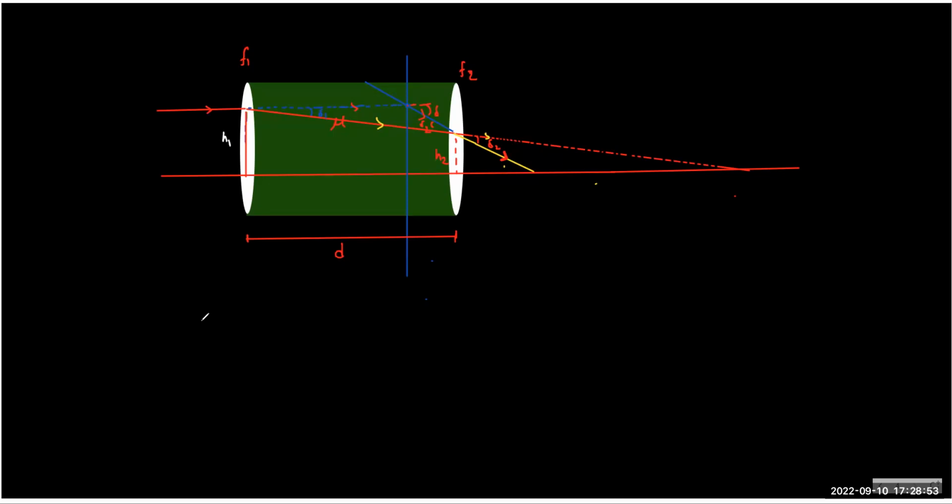I'll take the method of interface. First, we'll write the image due to the first medium. So F1 we can write as R upon 2 times (mu lens minus 1). So (mu lens minus 1) upon R is F1 by 2.